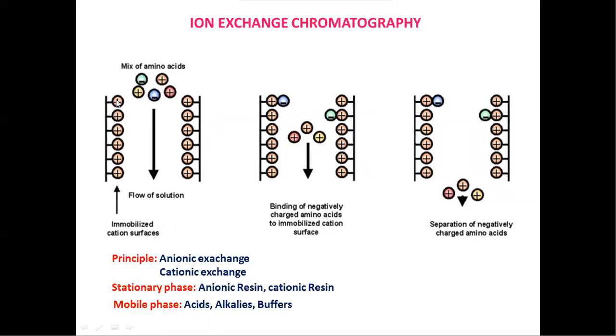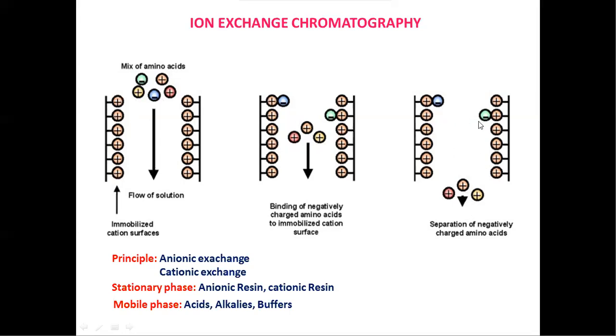Why? Because these positive ions will be attracting negative ions, and initially these negative ions will be attached to the positive ions, and the positive ions will be repelled by the positive resin and eluted immediately as first eluents, and then as second eluents.